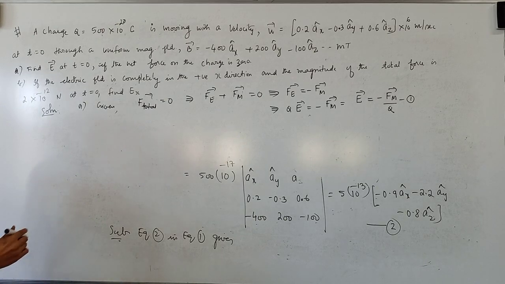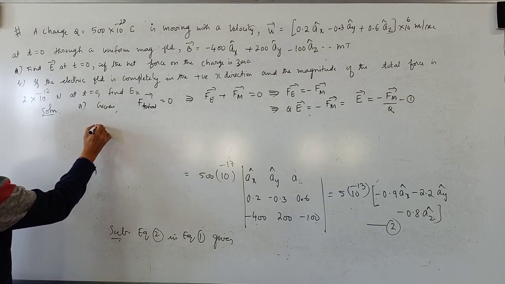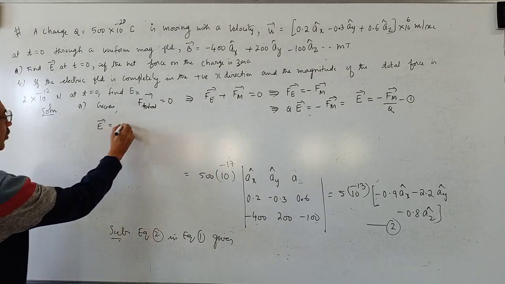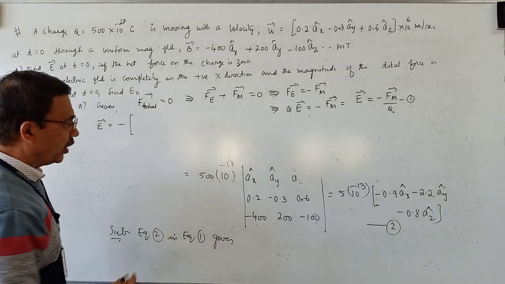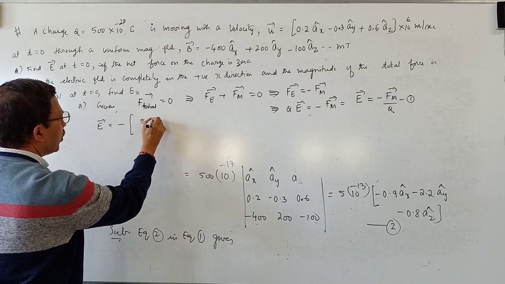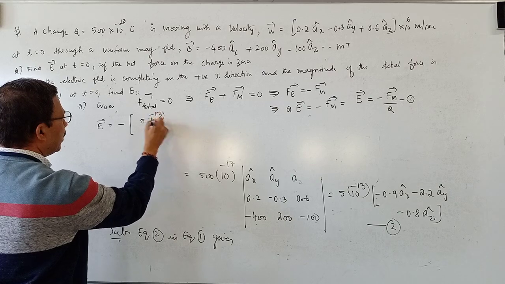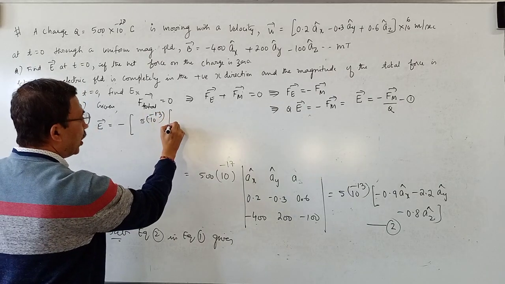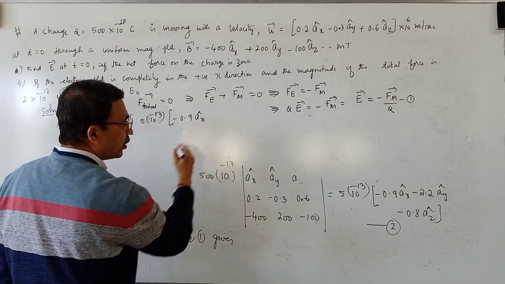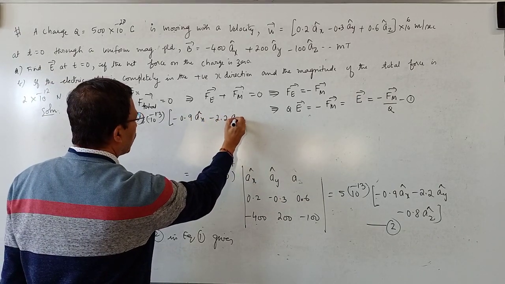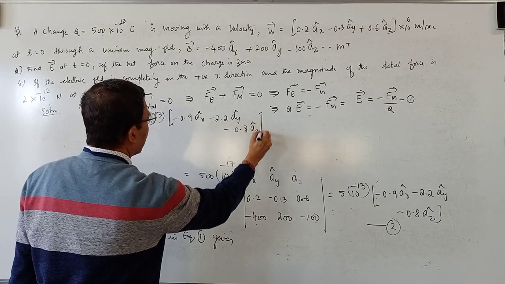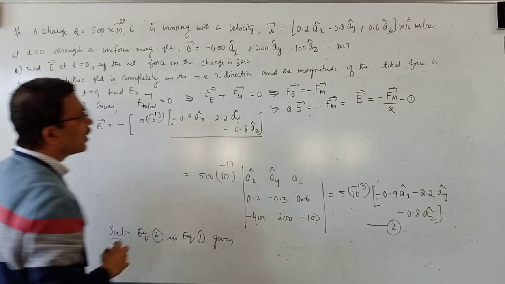Vector E is equal to minus, what is vector Fm? Vector Fm is 5 into 10 to the power minus 13 multiplied by minus 0.9 ax cap minus 2.2 times ay cap minus 0.8 az cap divided by q.